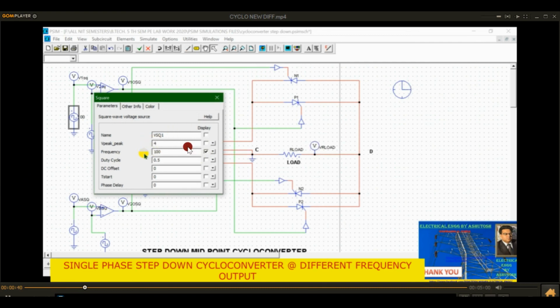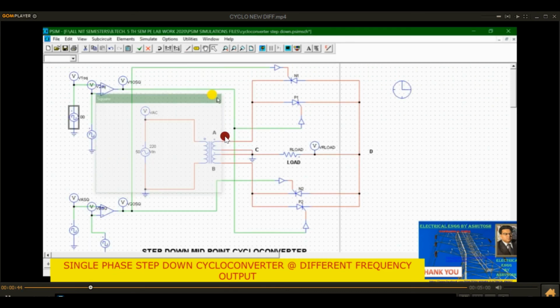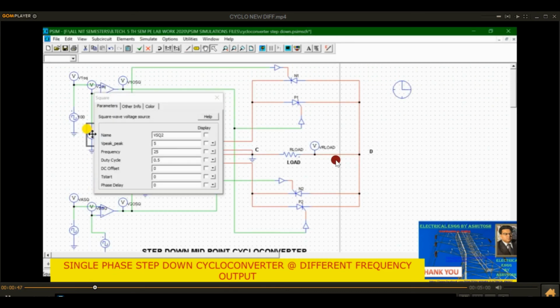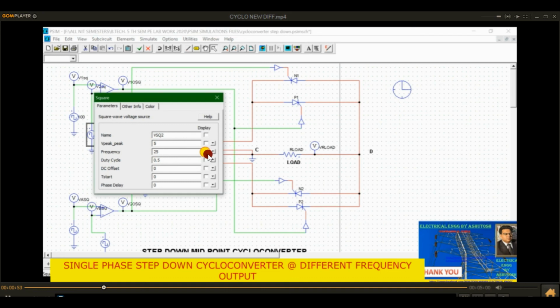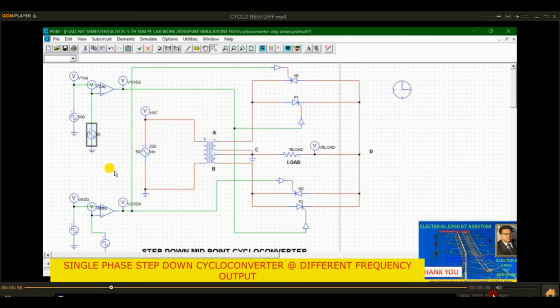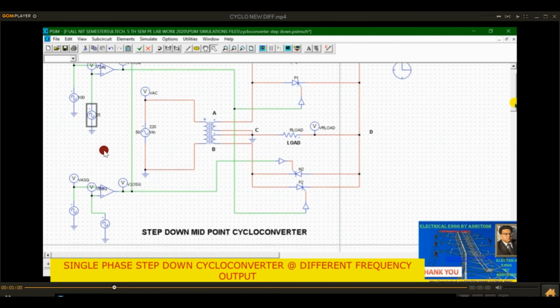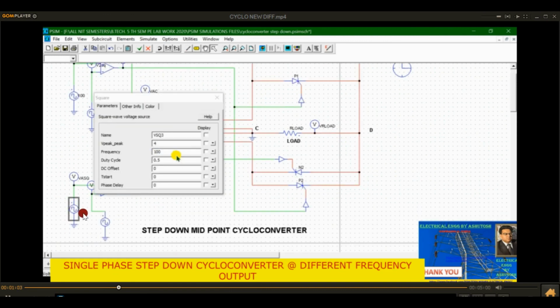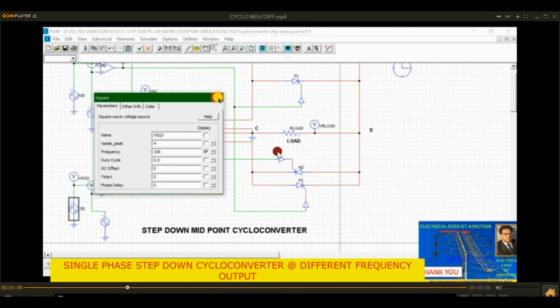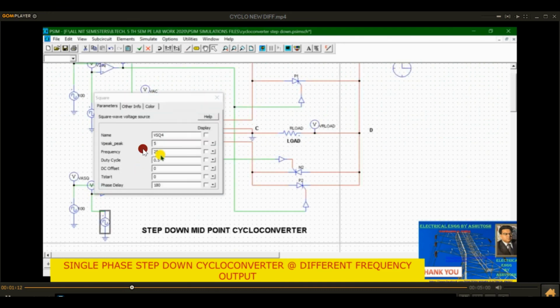You can make them appear by clicking this check box. Then the right one is 25 Hertz; also check this box. Then it will appear over here. And for the lower one, comparator, 100 Hertz and 25 Hertz.